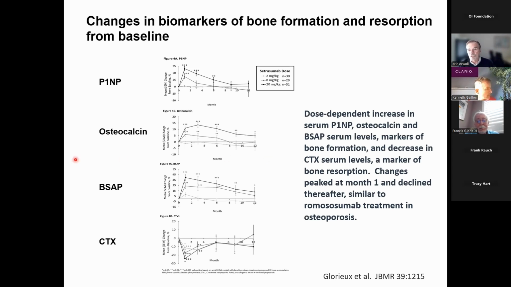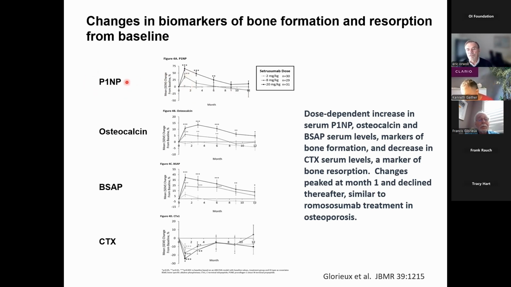They were very encouraging. First, the markers of bone remodeling are shown here. These are the changes in the bone remodeling markers over the 12-month course of the study at the 3 doses. The highest dose, 20 milligrams per kilogram, 8 milligrams per kilogram, and 2 milligrams per kilogram.